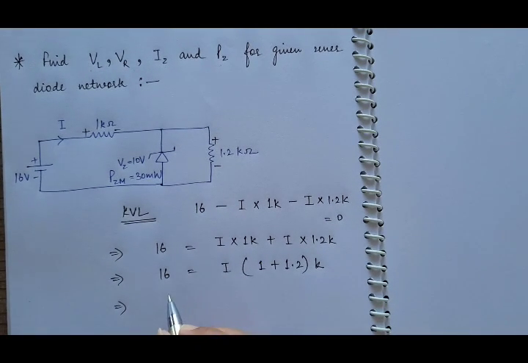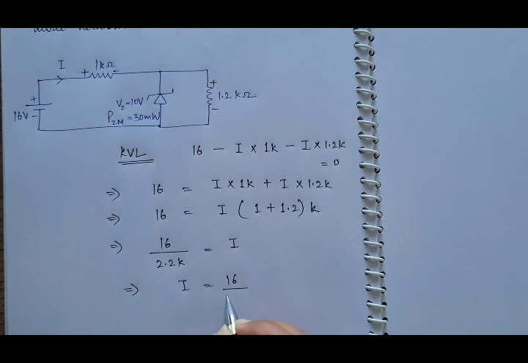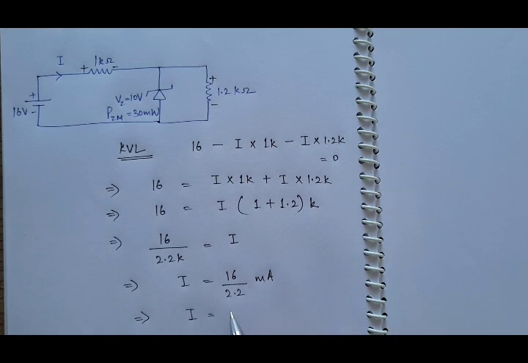So we have 16 upon 2.2k equal to I. And this k is 10 raised to power 3, and when you take it to the numerator, it becomes 10 raised to power minus 3, that is milli. So I is equal to 16 by 2.2 milliampere, and this I is equal to 7.27 milliampere.